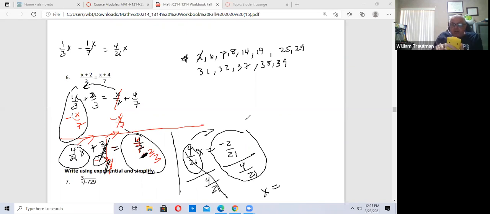Then on top, I hit fraction again, and I put negative 2 over 21. Then I go to the bottom and I hit fraction again, and on the bottom, I have 4 over 21. And when I put this into my calculator, I get negative 1/2.